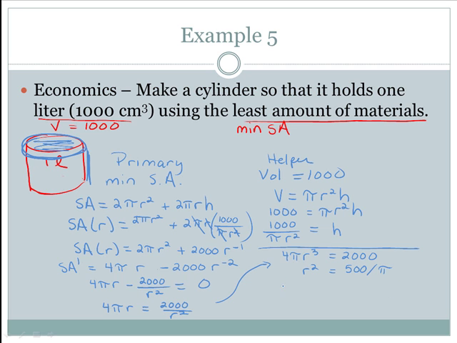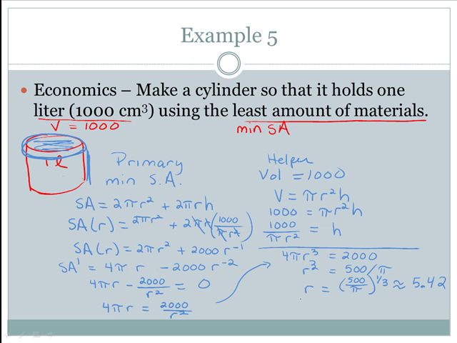I take the cube root of each side, and I get 500 over pi to the 1/3 power, which equals approximately 5.42. So this tells me that my radius needs to be approximately 5.42 centimeters.